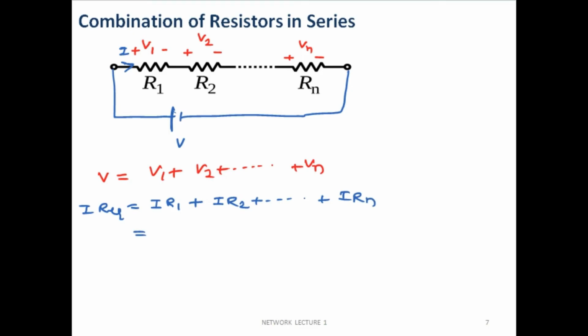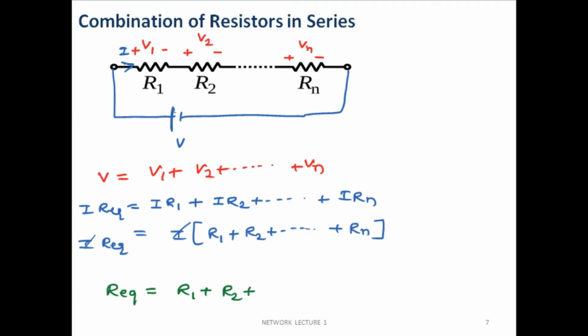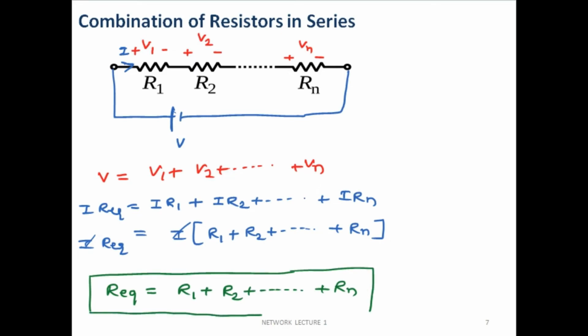If we take I common, we get R1 plus R2 plus so on up to Rn. So I and I will cancel out, and we get R equivalent equal to R1 plus R2 plus so on up to Rn. It means if different resistors are connected in series, then the R equivalent will be the sum of all the resistances. Okay, in series we directly have to add the values of the resistances.